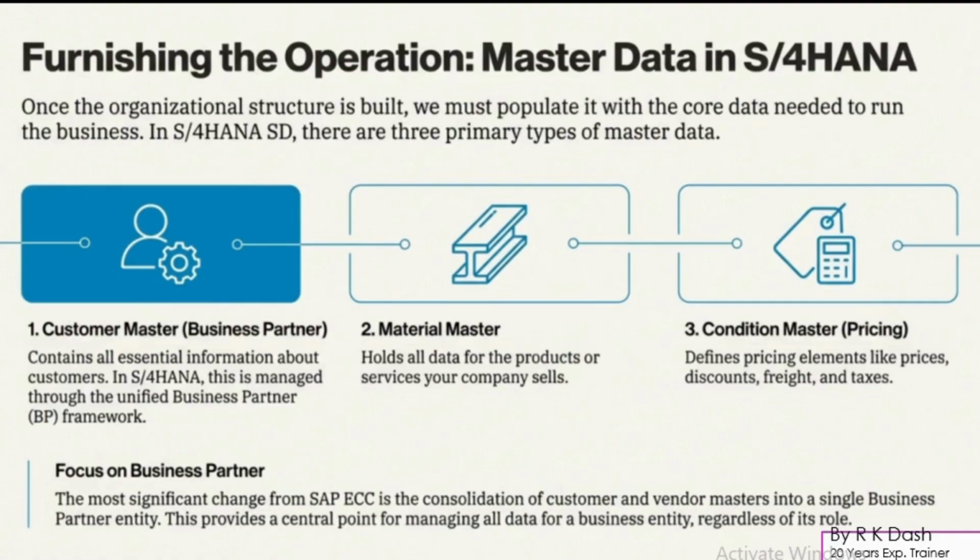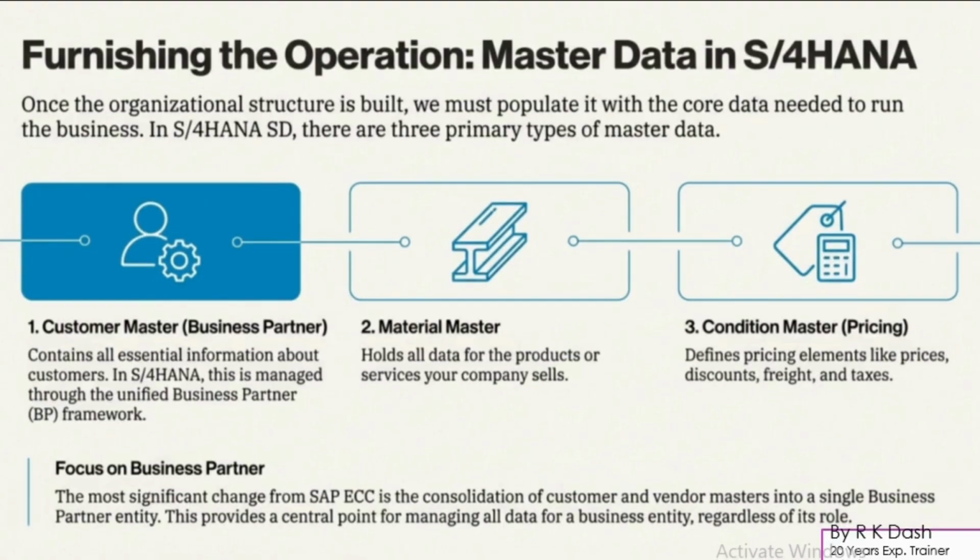So the customer master contains all essential information about the customers in SAP S4 HANA. This is managed through the unified business partner framework. The material master holds all data for the products or services your company sells. The condition master data, that is pricing, defines pricing elements like prices, discounts, freights and taxes.